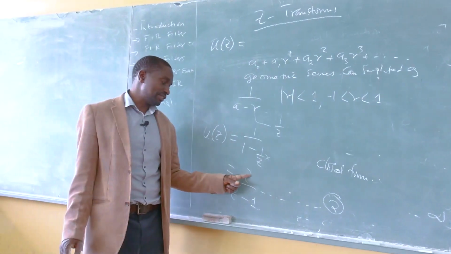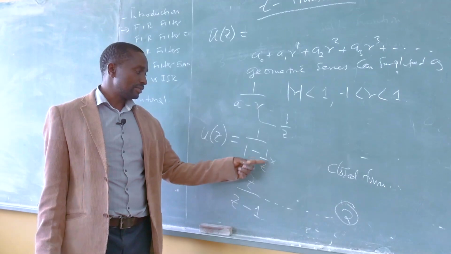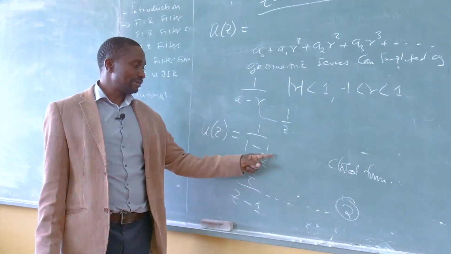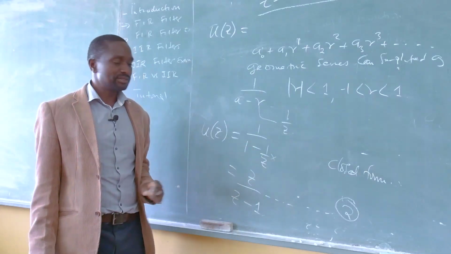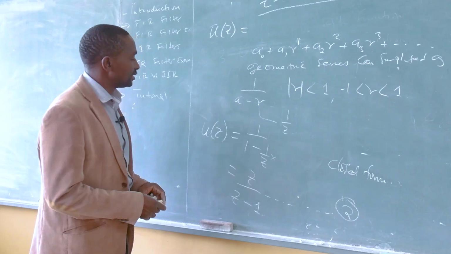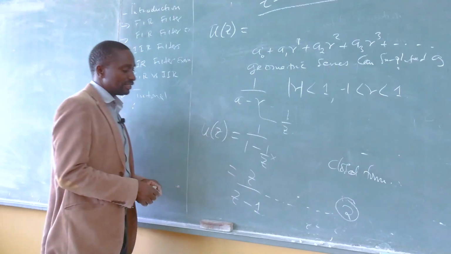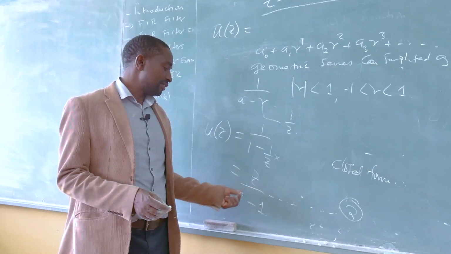So it will always be Z over Z minus 1, because we have simplified this by multiplying by Z, and so we get the Z transform of a unit step function as reducing to Z divided by Z minus 1.